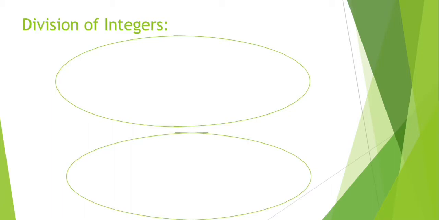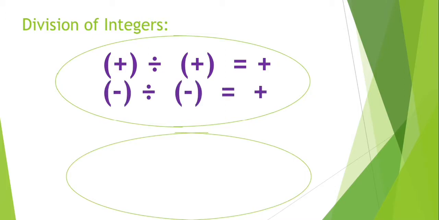Now, we will see the division of integers concept. Already in multiplication, we observed how the signs multiply: plus into plus is plus, minus into minus is plus. Similarly, in the case of division of integers also, plus divided by plus is equal to plus, and minus divided by minus is also equal to plus. Observe that when we divide two integers with the same sign, whether positive or negative, we get a positive integer as the result.